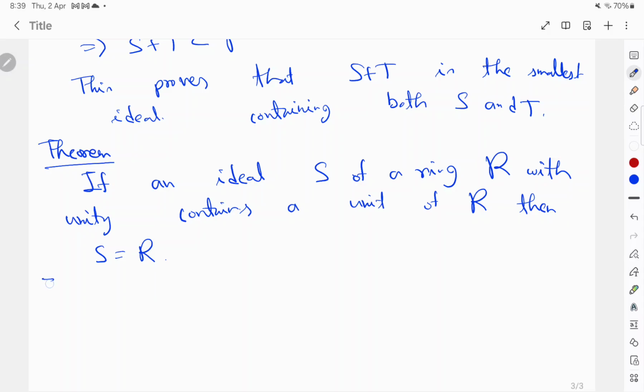Okay, so how to prove? These are very easy proofs. If it were in class, obviously I wouldn't do it; this is your homework anyway.